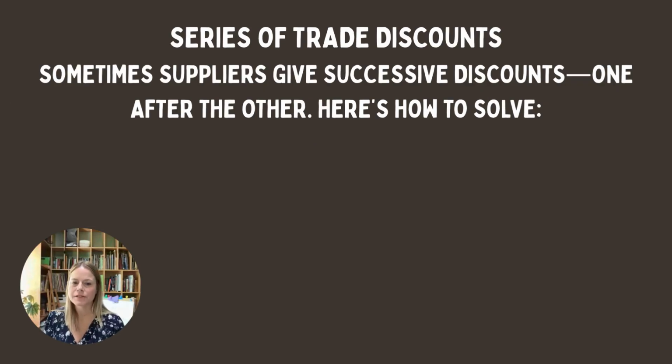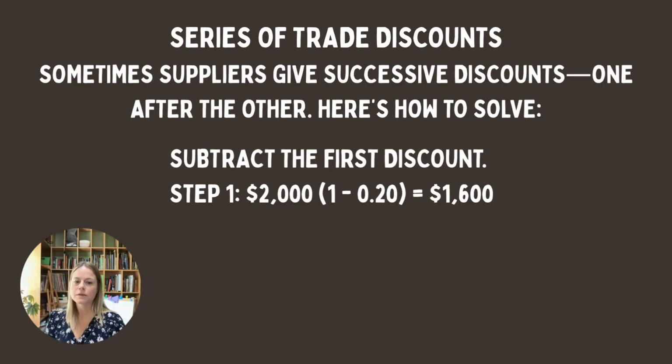Sometimes suppliers give successive discounts, one after the other. Here's how to solve. Subtract the first discount. So turn the percentage into a decimal by moving the decimal 2 place values to the left, making it 0.2. Then plug it into the formula. Net price equals list price times 1 minus 0.2.